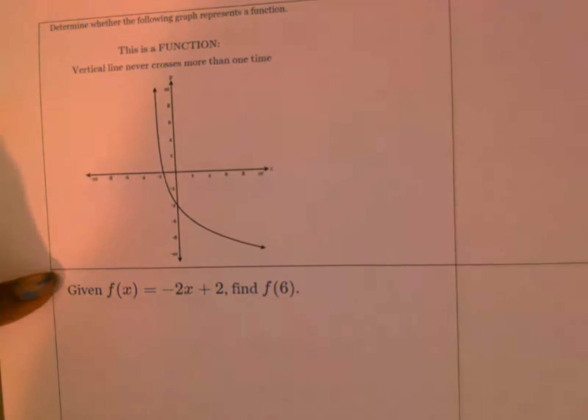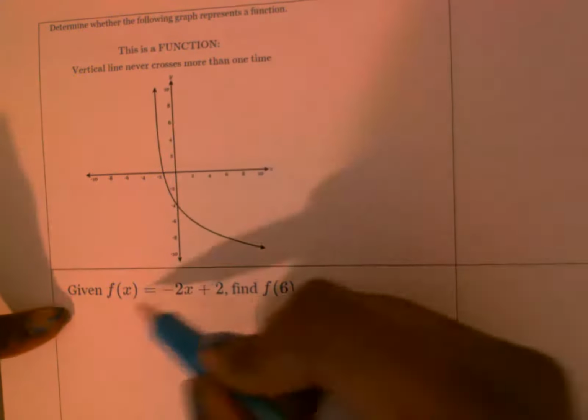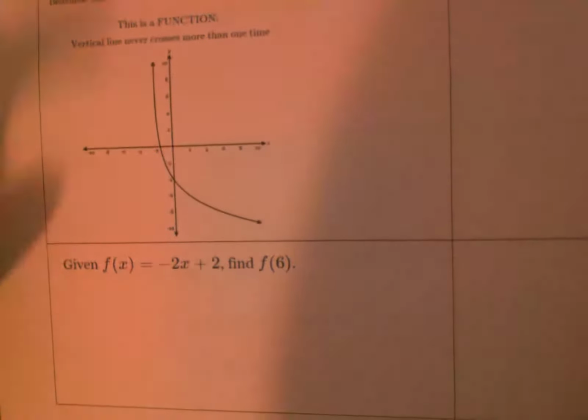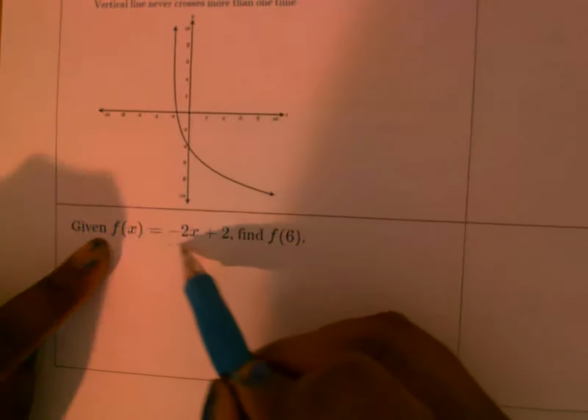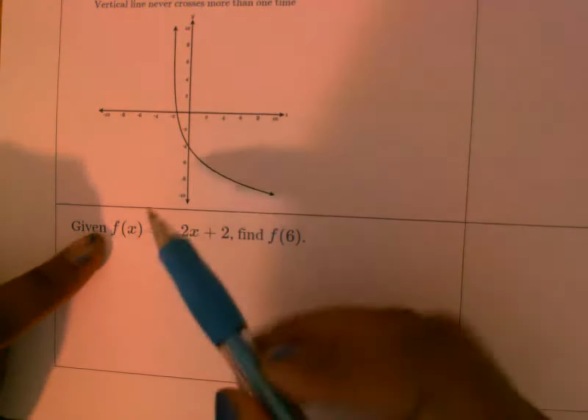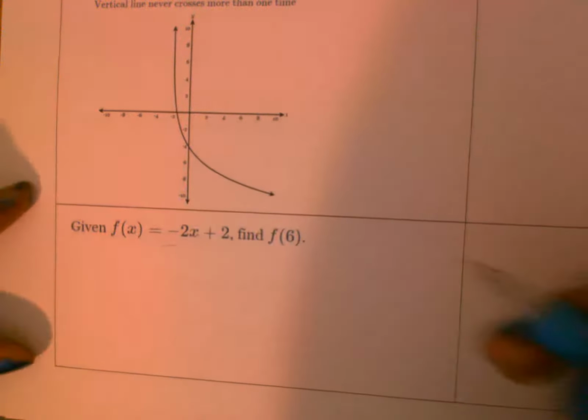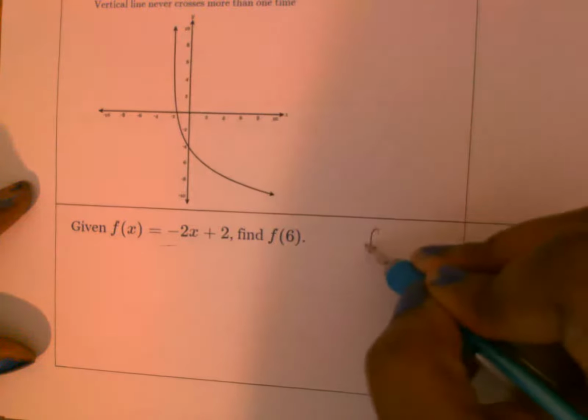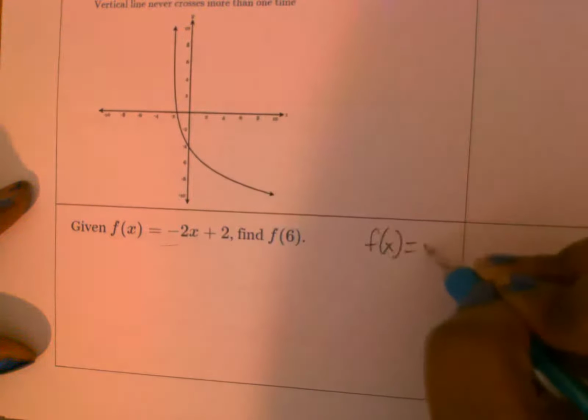All right, move this out of the way. Okay, this next one here. Given this is not a graph, but this is the equation that you're getting. This equation is written in function notation. I'm going to write this out to the side: f of x is the same as saying y.